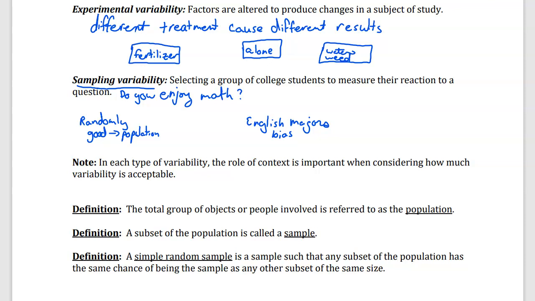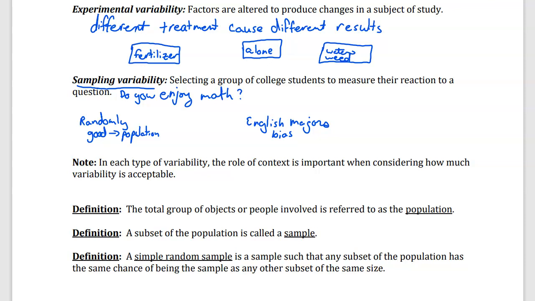Now, that's not to say that all English majors do not enjoy math, but if I just randomly go across campus and select students and ask if they enjoy math, I might get some yeses, some nos. But if I specifically go into certain classrooms, then I'm going to create some bias.